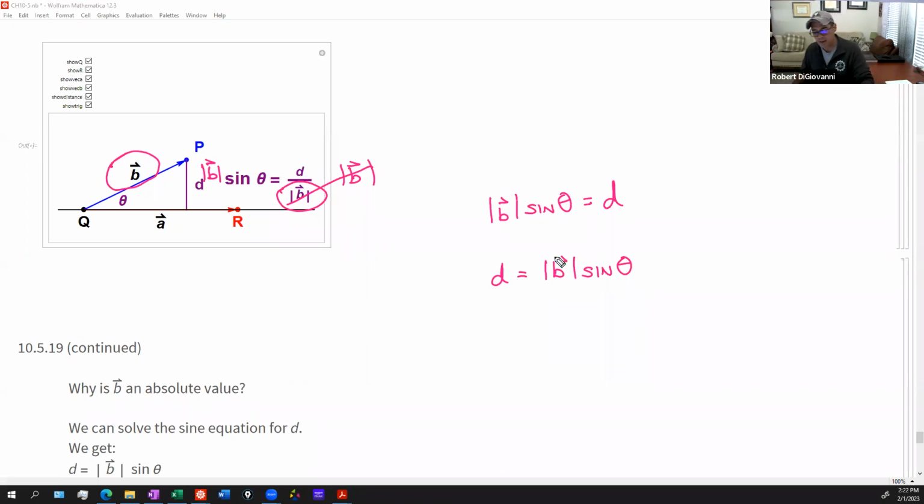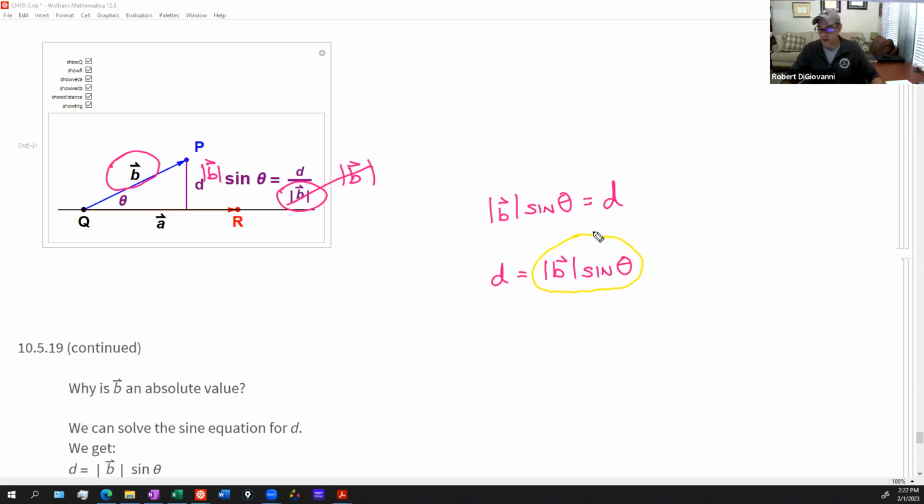This right side, why is that not working? It looks a whole lot like something I've seen before, doesn't it? It looks like the magnitude of the cross product.